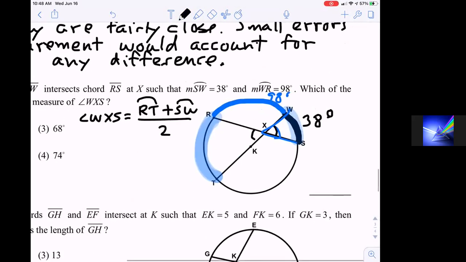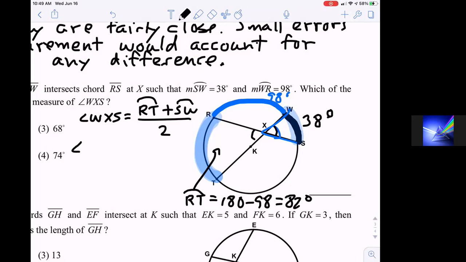Well, you can figure out RT pretty easily because the whole line right here adds up to 180. This is all 180. So if this is 98, then that means RT is going to be 180 minus 98, which is 82.